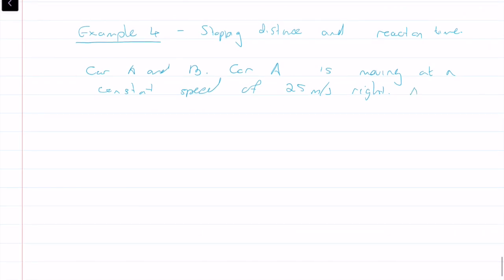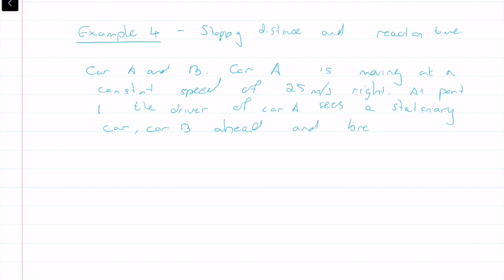At point 1, the driver of car A sees a stationary car B ahead and brakes 0.5 seconds later, at point 2.